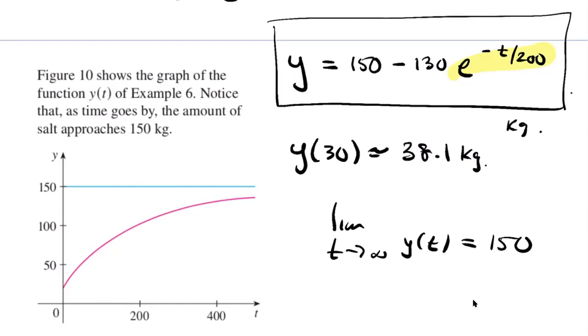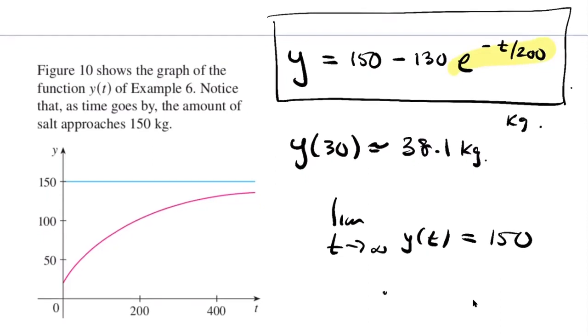And if you look back at our concentration, remember it was coming in at 0.03 kilograms per liter. If you multiply 0.03 by 5,000, I think you're also going to get 150. And that makes sense to me because in the long run, this well-mixed solution should basically be what the concentration of the salt is that's coming in.